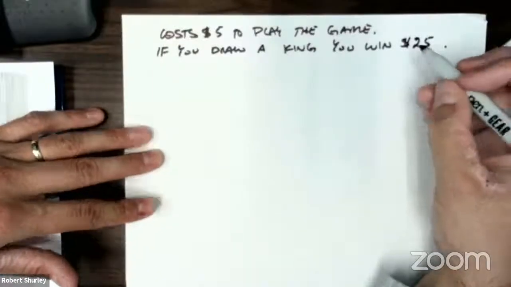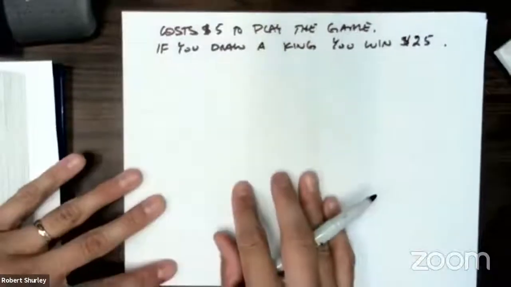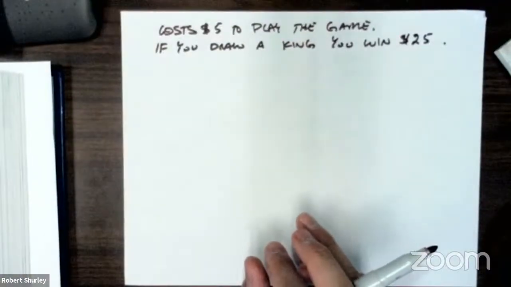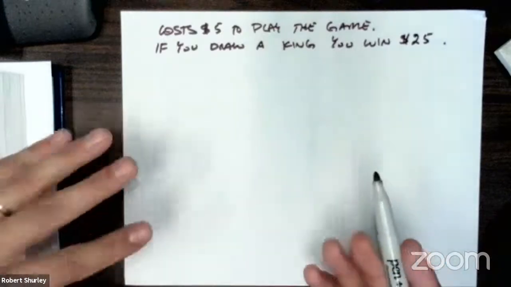And you want to know the expected value here. Is it worth playing? And the expected value can actually show you if it's worth playing. And we'll go to the casino here today, and I'll show you that it's never worth playing anything in a casino. But let's look at this.